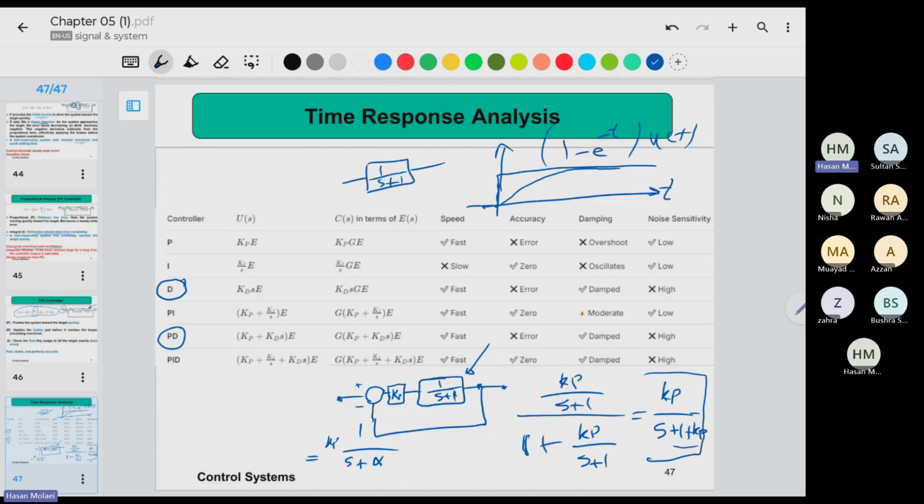The transfer function of the closed loop is still single pole, but the pole is larger, right? The larger the pole means what? It means this exponential term is negative 10 times that pole, right?